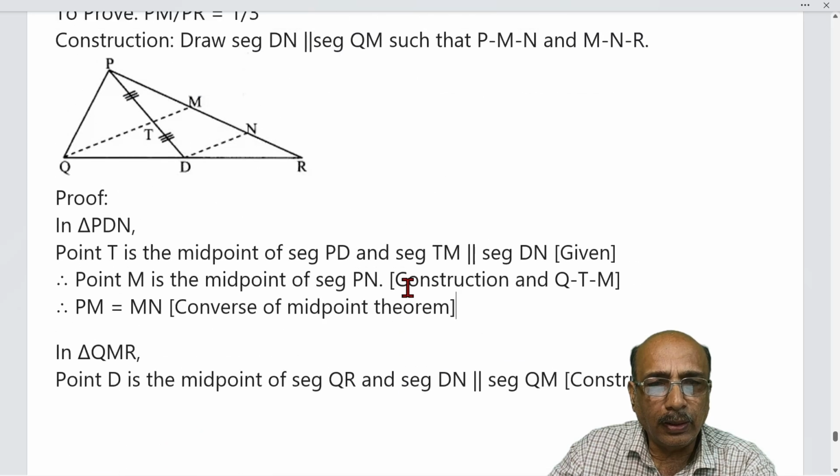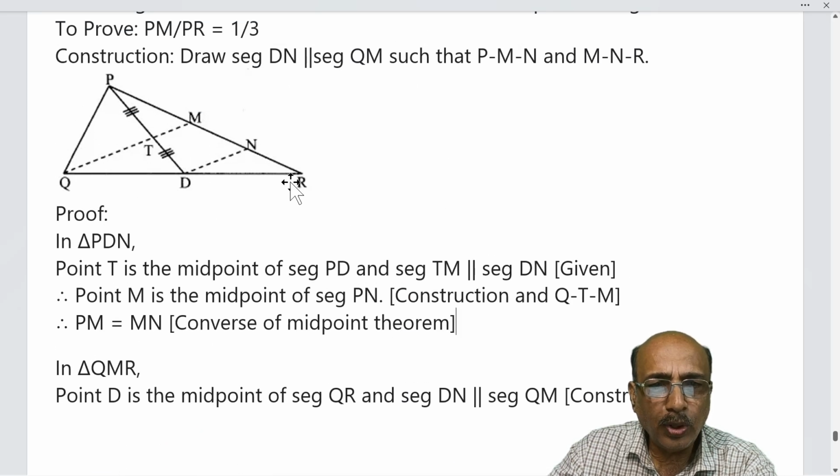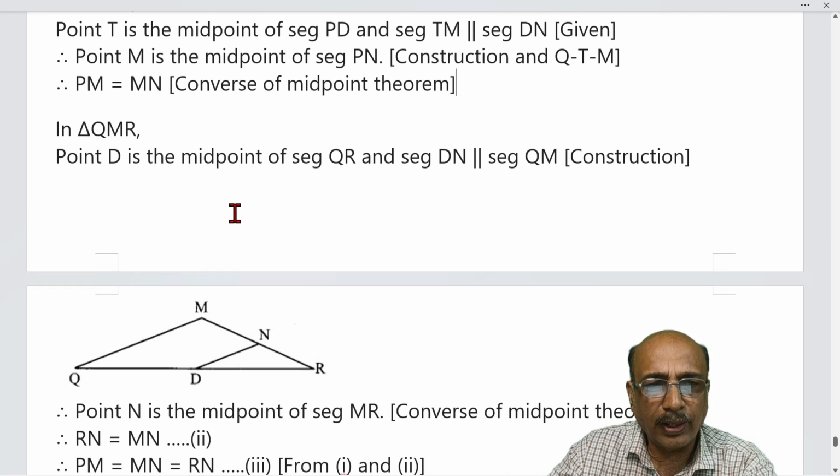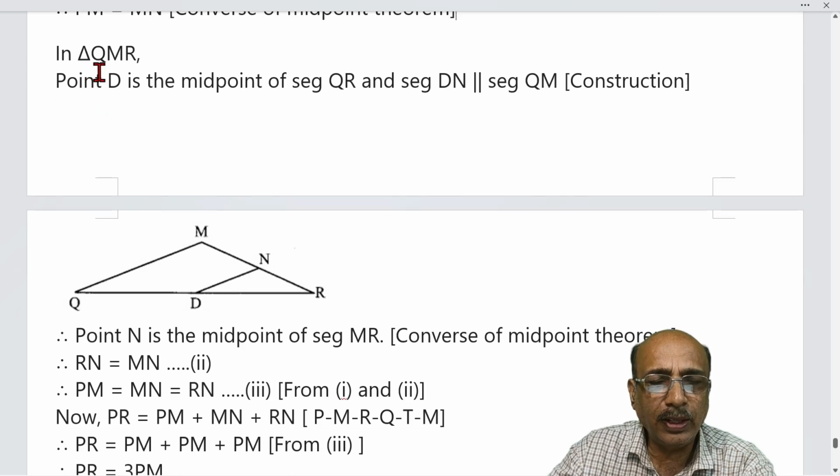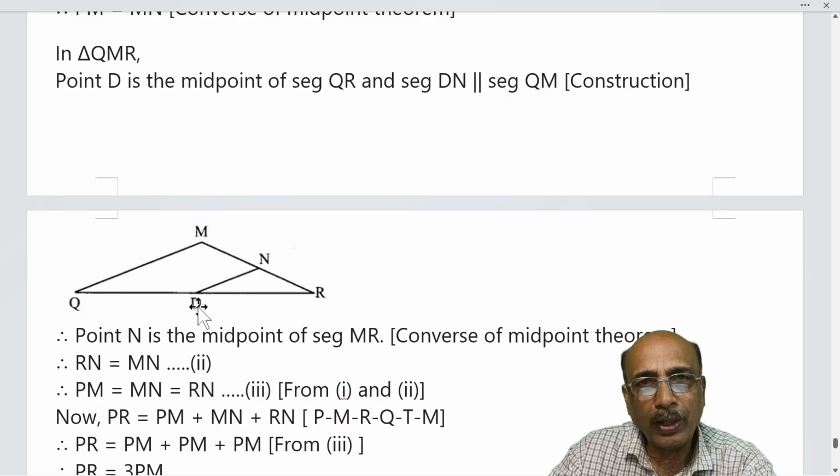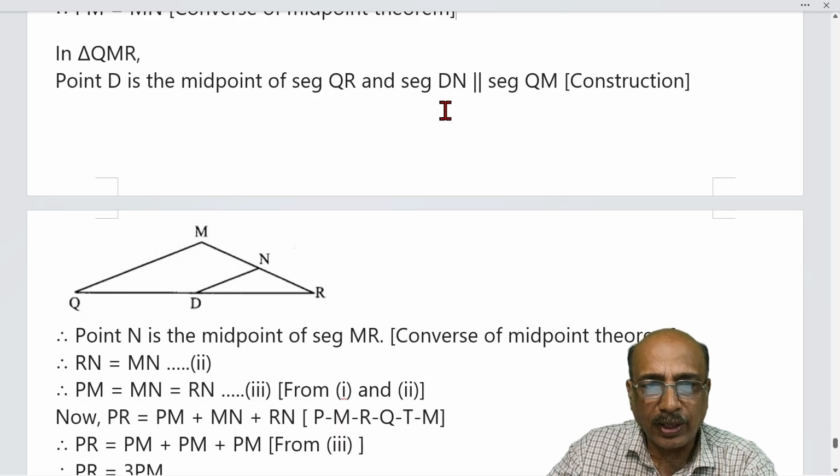In triangle QRM, again the diagram is drawn for your reference. In triangle QRM, D is the midpoint, given. Why? Because PD is the median. And segment DN is parallel to QM by construction.